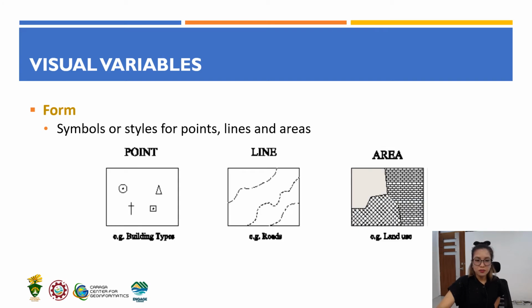The, ang form naman, or symbols or styles for points, lines, and areas, natay different building types available. Actually, in QGIS, there's no need to download any na mga symbols because these are readily available in the software. And even this one, kani siya ng mga forms.